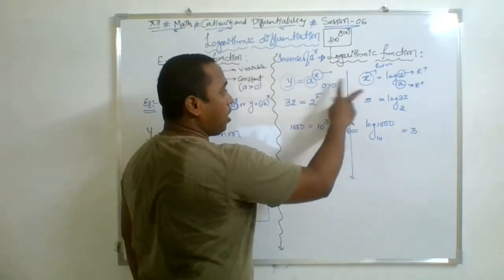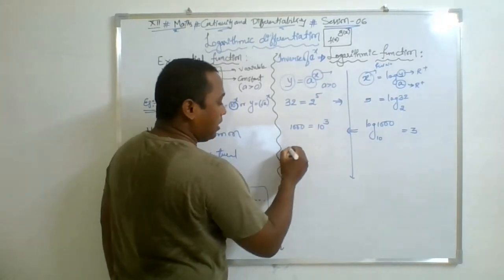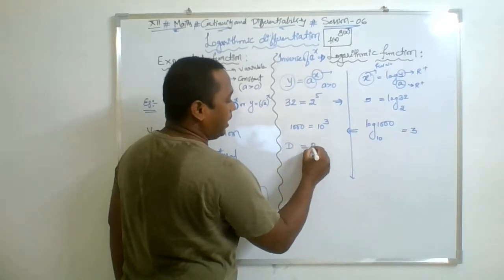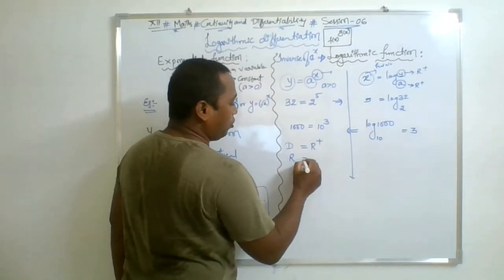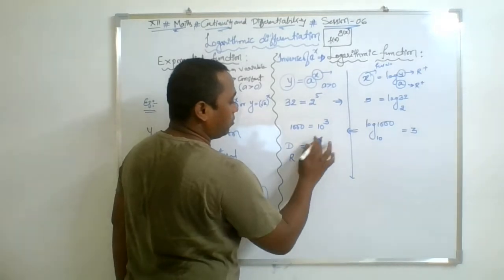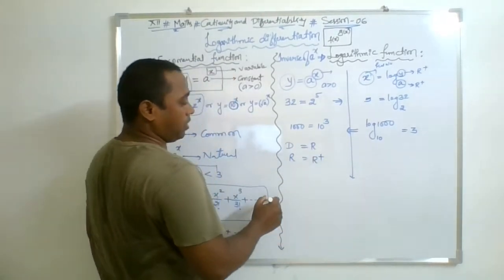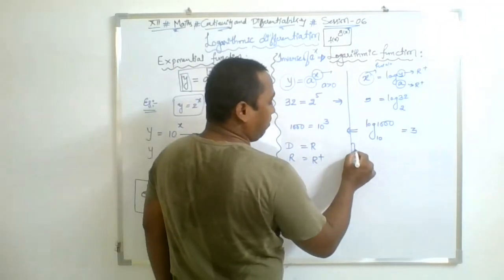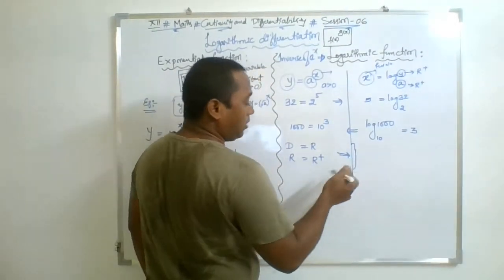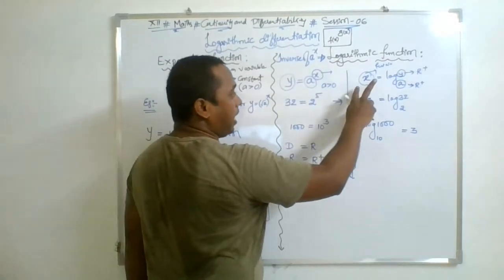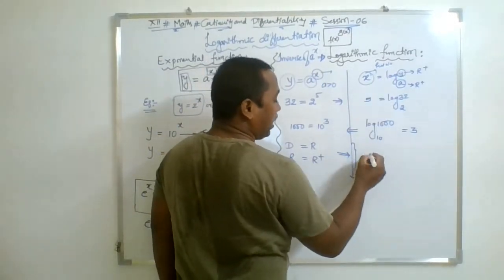Means if these two are the inverse of each other, so the domain of the exponential function is any real number, and the range of the exponential function is any positive real number. But when we come to the logarithmic functions, this will be reversed because it is y in terms of x and this is x in terms of y.